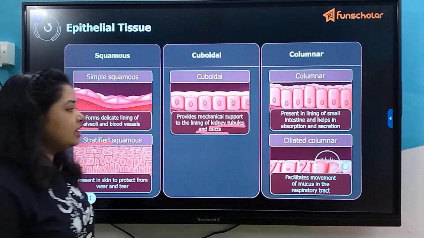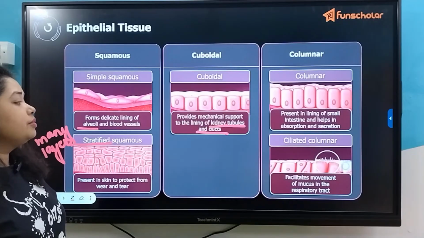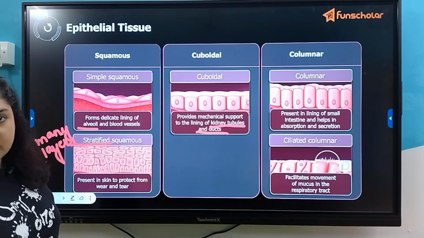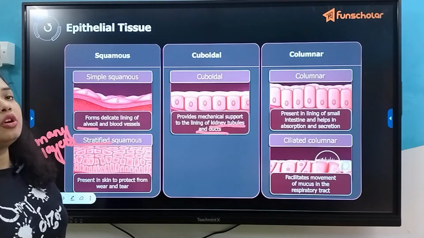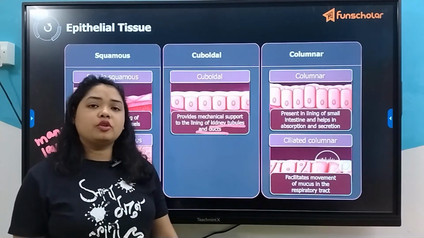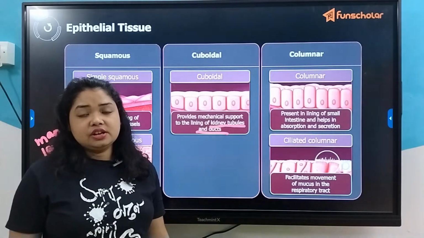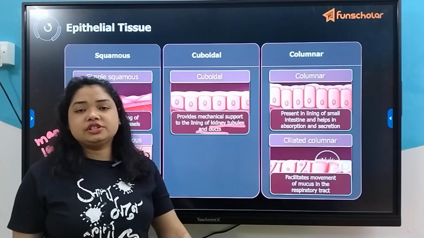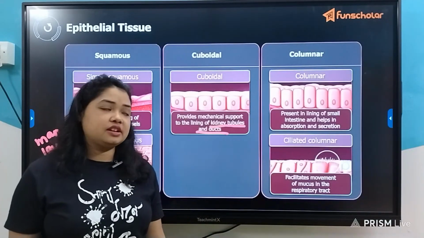The ducts such as the salivary duct, which actually carries the saliva to the mouth. Then we have got the cystic duct of the gallbladder. Then we have got the hepatic duct of the liver and the common bile duct, in which the hepatic and the cystic ducts are combining.